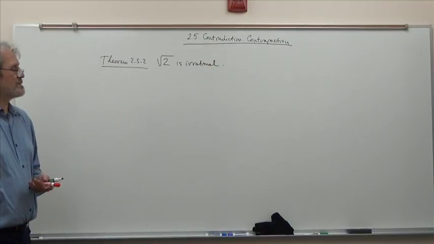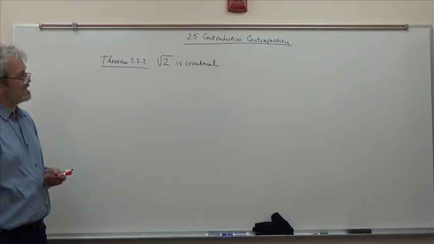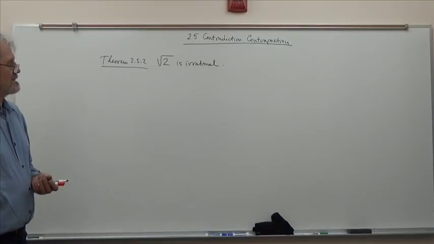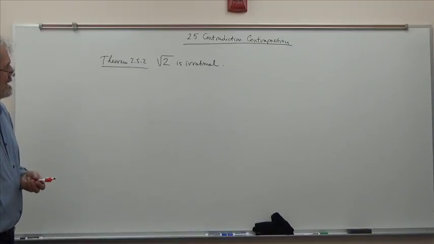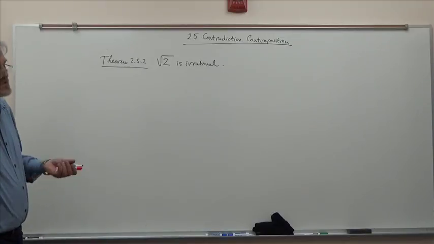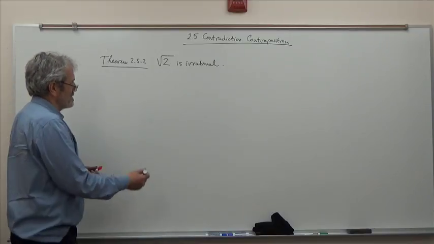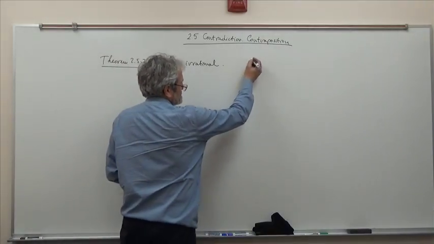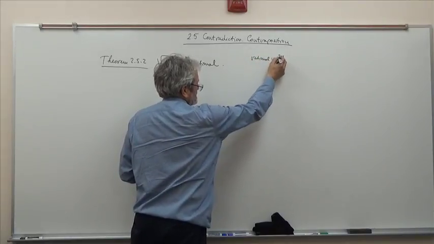That's a famous theorem, famous from the Greek times, like the 7th or 6th century BC, because Greeks thought that everything that we work with must be rational. And rational, let me remind you, means a fraction, m over n.